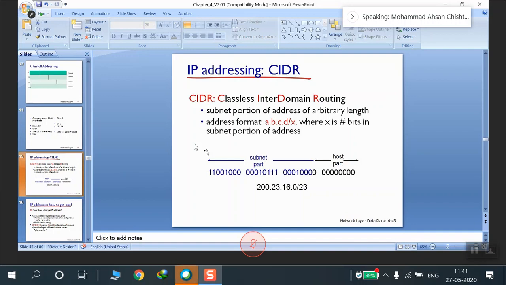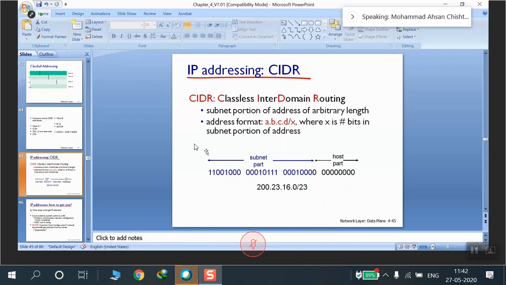It's not necessary that it be 8, 16, 24, and so on. Let it be x, where x denotes any number, not a fixed one. These networks came to be known as CIDRized networks.